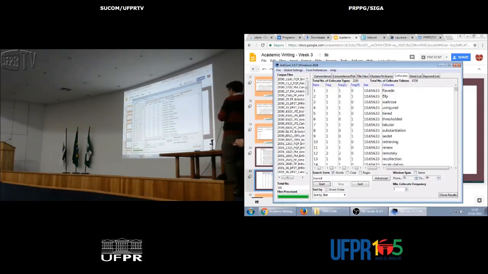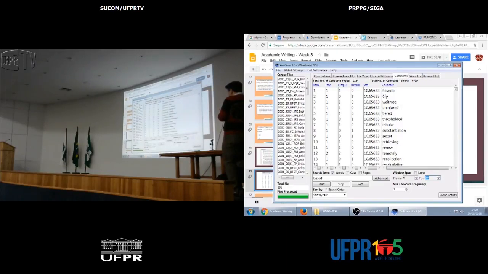However, you can change the span. So let's say that I only want to know the words on the right of "based," and so then I won't have anything on the left, and I just want the word immediately to the right.